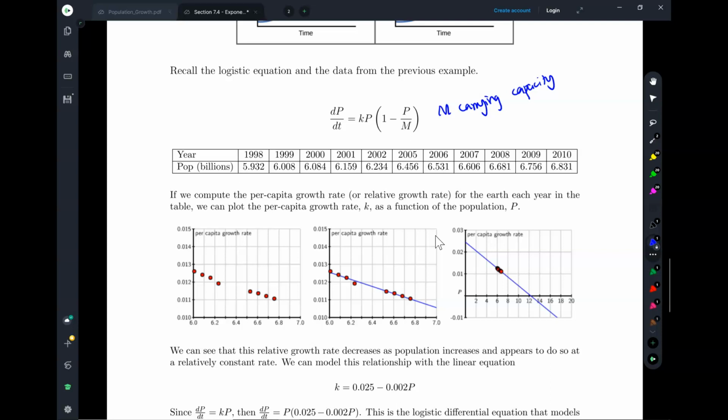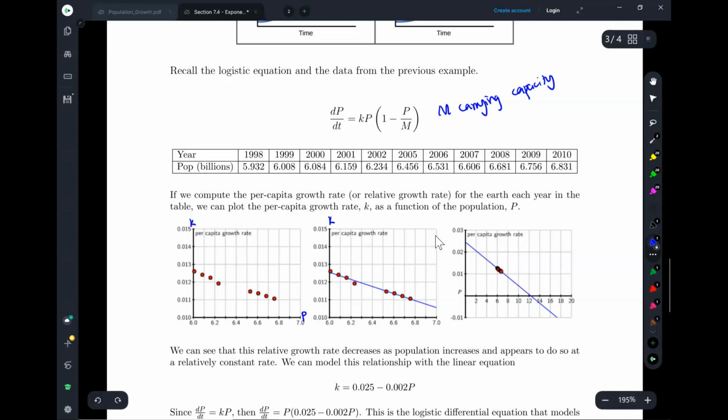So if we take a look at the per capita growth rate or relative growth rate for the Earth each year in the table, so basically if you calculate that K value for each year and you plot that compared to the population, let me actually put my labels on the axes here. So this vertical axis is the K value, the per capita growth rate or the relative growth rate, and the horizontal axis is the population.